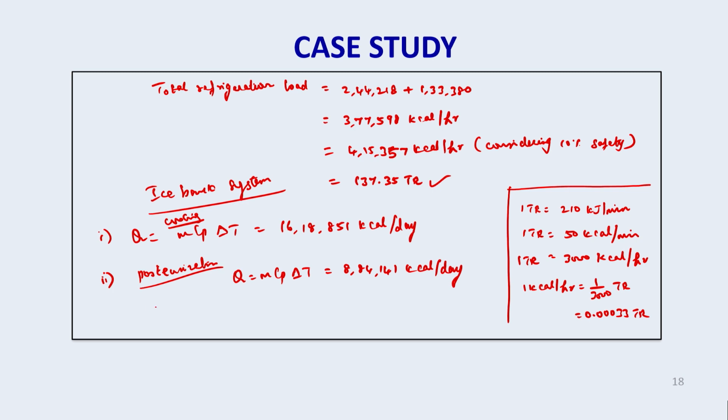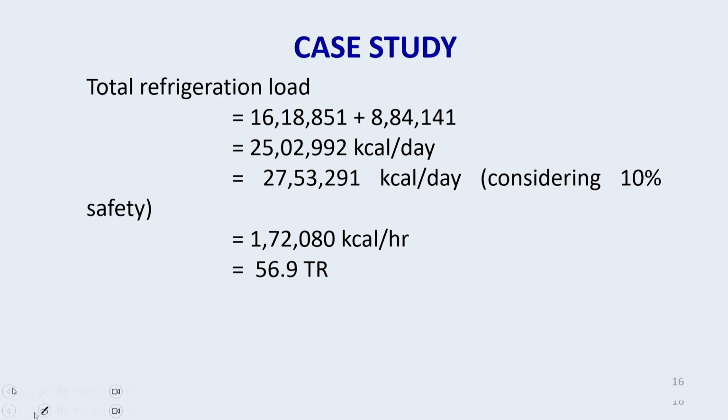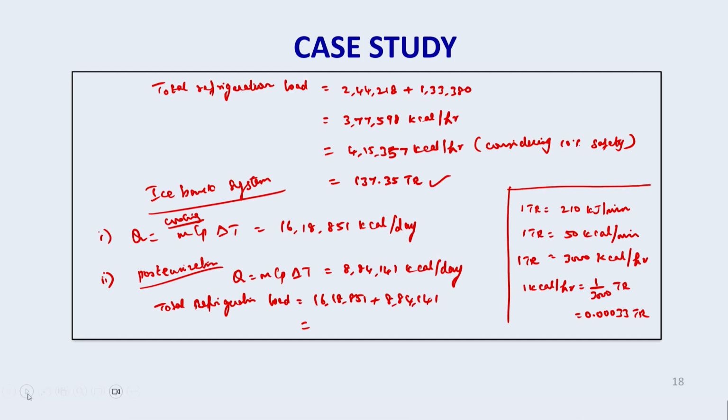So the total refrigeration load is equal to 16,18,851 plus 884,141, which comes to 2502,992 kilocalories per day.